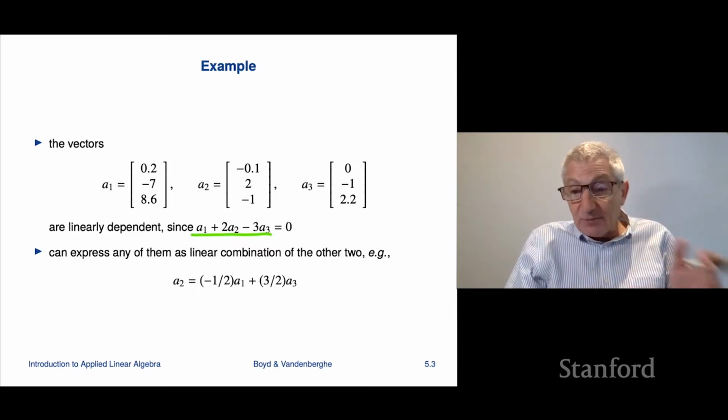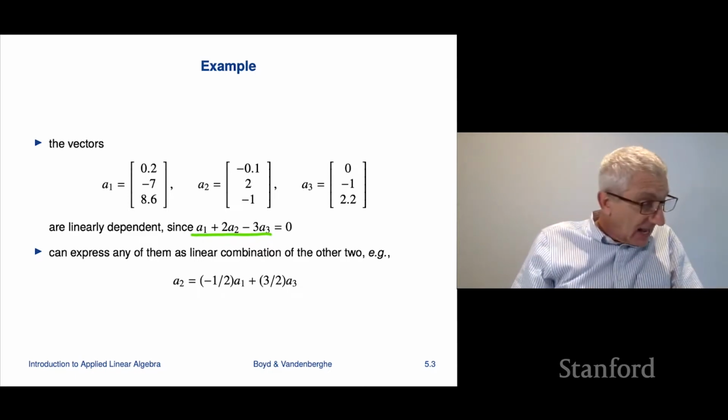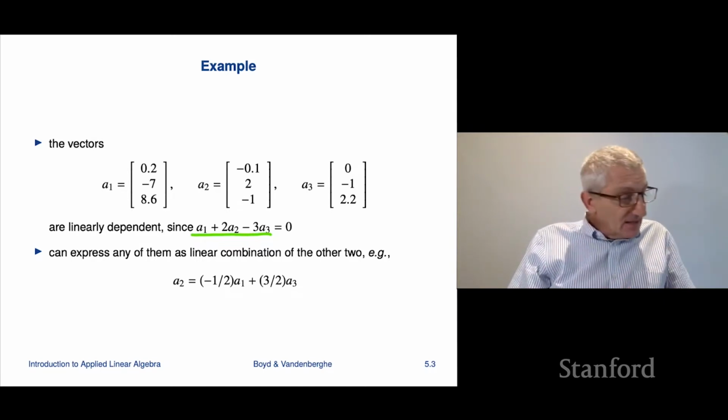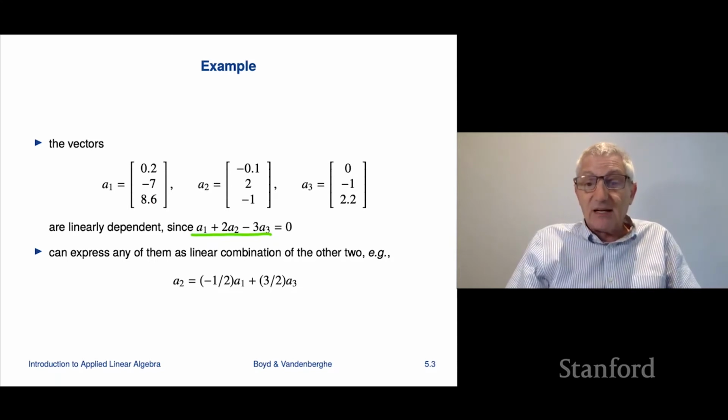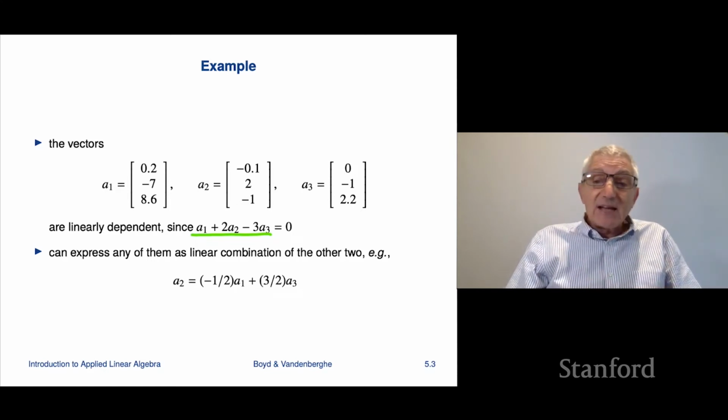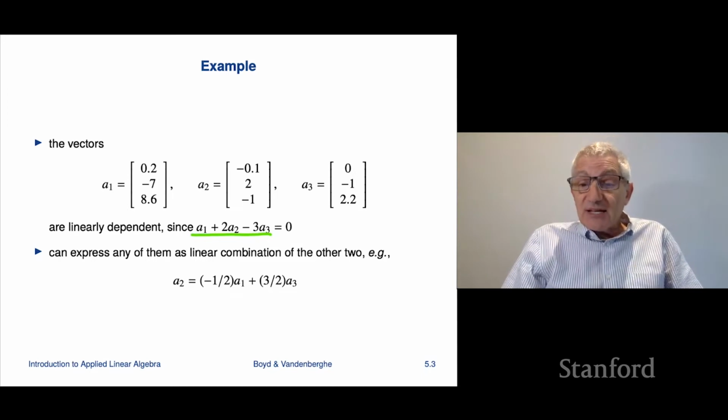You can check that A1 plus 2A2 minus 3A3 is 0. There. So that means these vectors are linearly dependent, right? Or to say it very precisely, this set of three vectors is linearly dependent. Okay, and what this says is that in this case, you can express any of these vectors as a linear combination of the others.